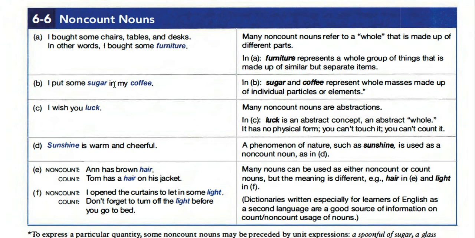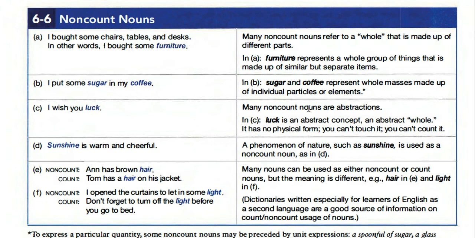B: I put some sugar in my coffee. Sugar and coffee represent the whole, maybe a jar or a packet or plastic bag of sugar, or a can of coffee. That's the meaning of the whole. I wish you luck.